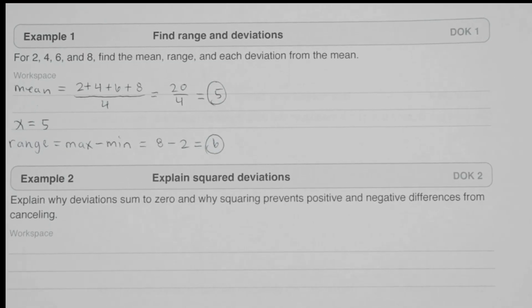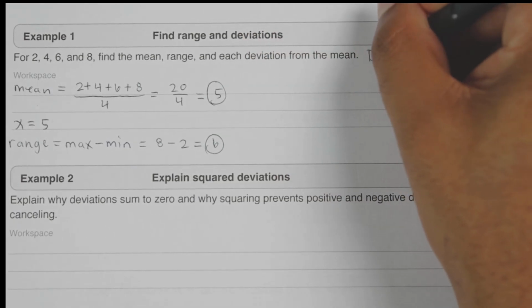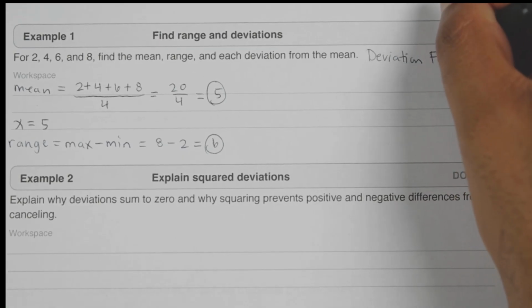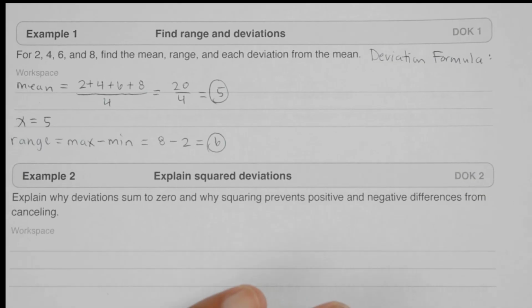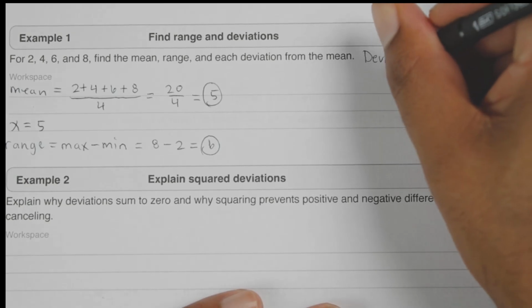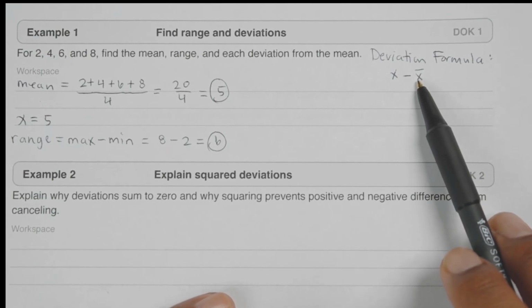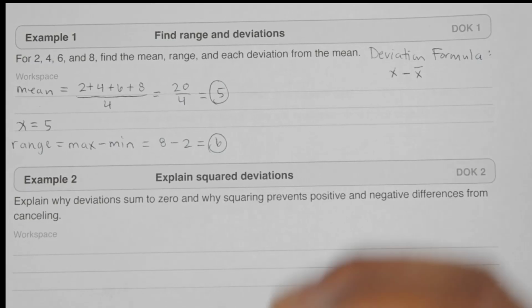Now we have to calculate each deviation from the mean. The deviation formula is x minus x-bar, x with the bar over it. So what does that mean?